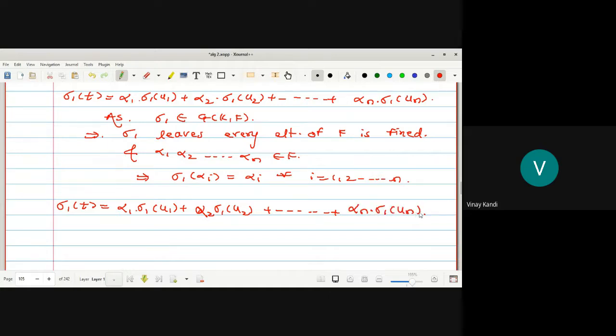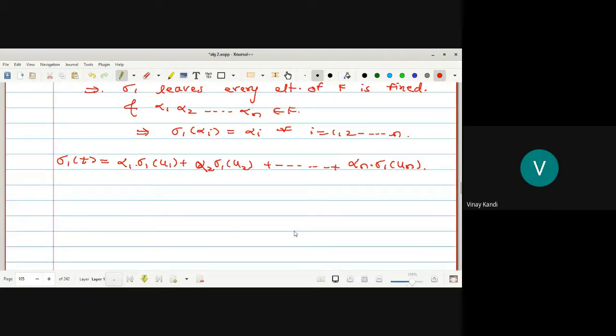Now similarly, for sigma 2 we can write sigma 2 of t is equal to alpha 1 sigma 2 of u1 plus alpha 2 into sigma 2 of u2 plus up to alpha n sigma 2 of un.